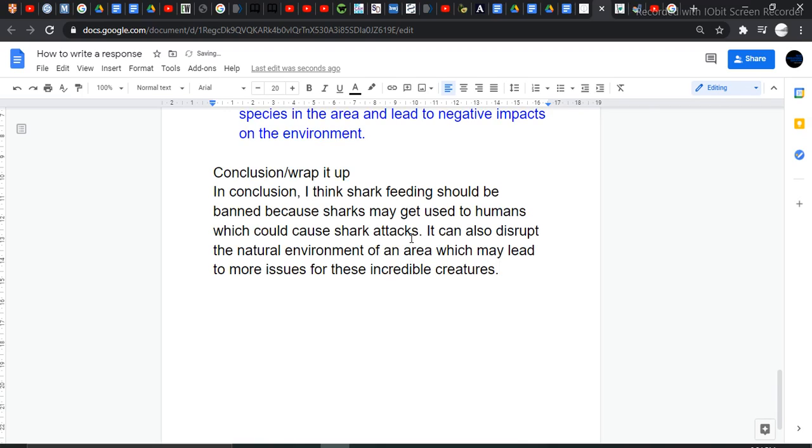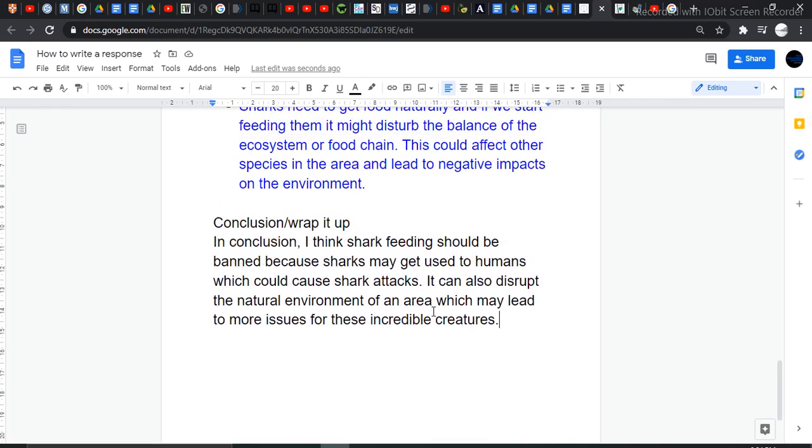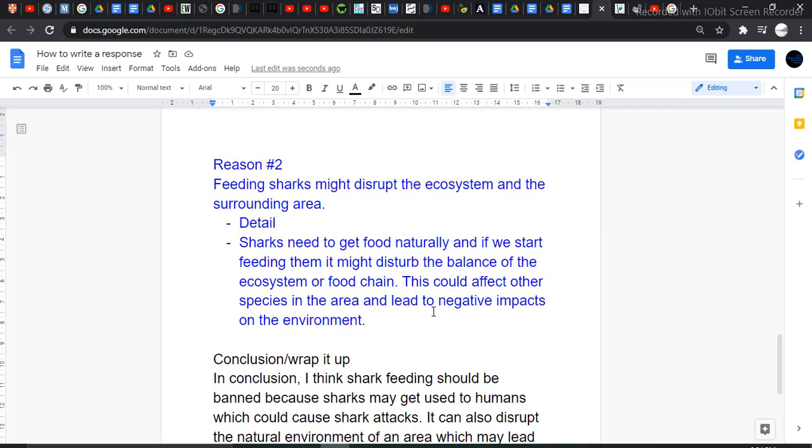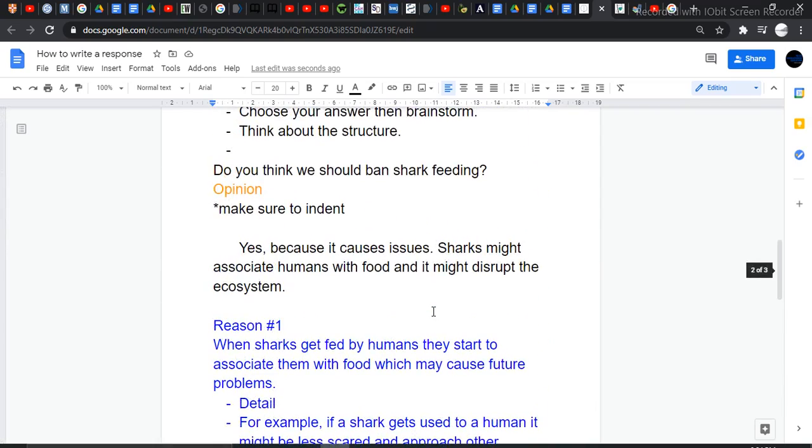In conclusion, I think shark feeding should be banned because sharks may get used to humans, which could cause shark attacks. It can also disrupt the natural environment of an area, which may lead to more issues for these incredible creatures. Okay, so that, I'm happy with that, and you can always go back and change more things.